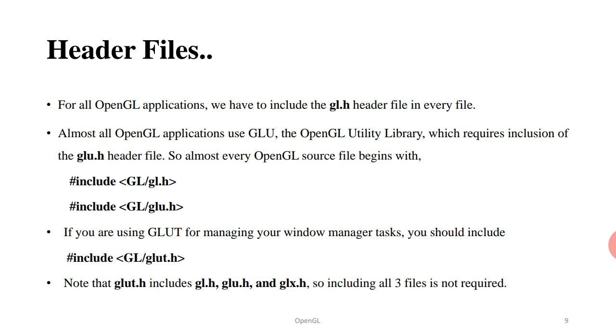It should be noted that the glut.h header file includes all the remaining three files, that is gl.h, glu.h and glx.h. So you don't have to include all these three files separately if you are including the glut.h header file.